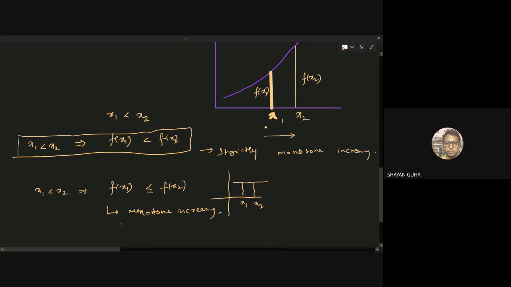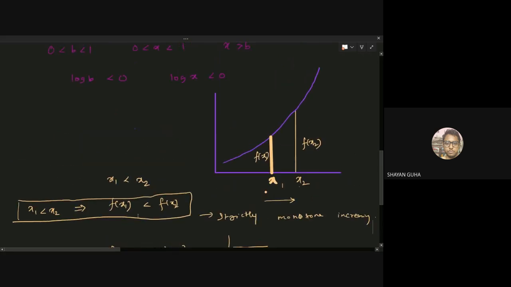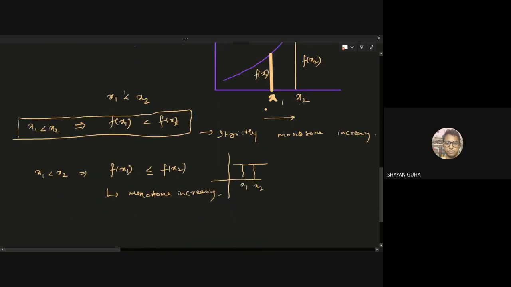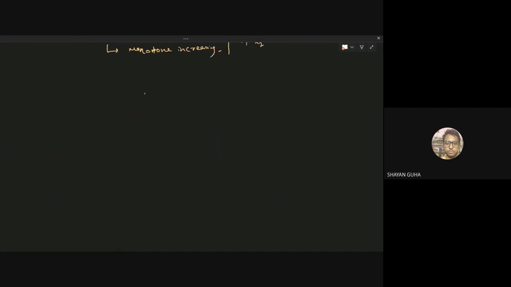So this is something we know about monotonic curves. Now the catch is log. If you draw the curve of logarithm, I'm drawing with my hand only, this is how a logarithmic curve looks. We can easily see that this kind of curve is strictly monotone increasing.